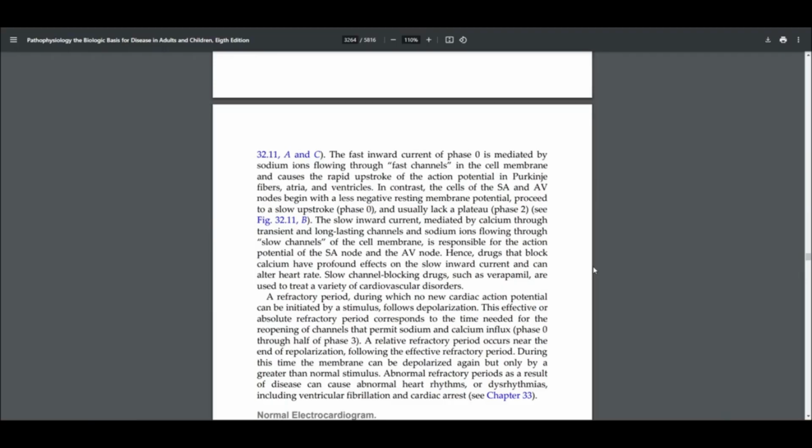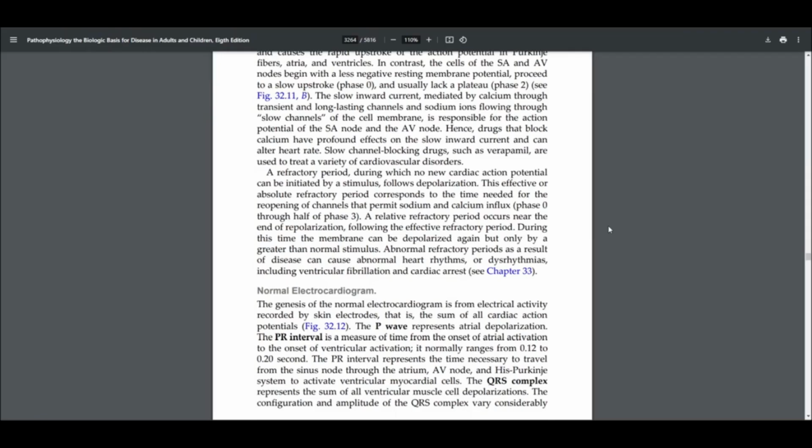The slow inward current mediated by calcium through transient and long-lasting channels and sodium ions flowing through slow channels of the cell membrane is responsible for the action potential of the SA node and AV node. Hence, drugs that block calcium have profound effects on the slow inward current and can alter heart rate. Slow channel blocking drugs such as verapamil are used to treat a variety of cardiovascular disorders.